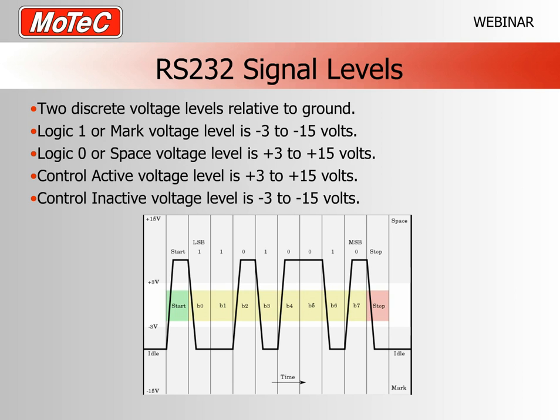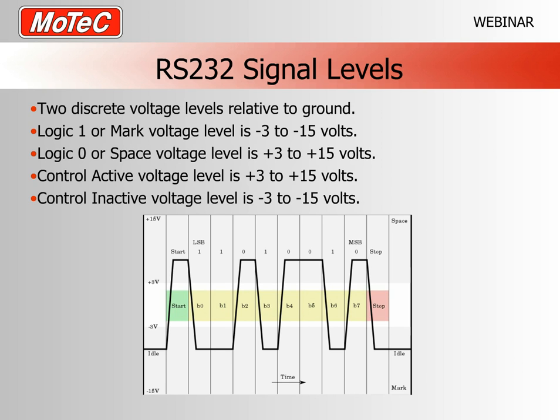Now, the way RS232 defines its signal levels is a little bit odd, but it's a standard that is designed to reduce the amount of noise. As each data channel only uses a single wire with reference to ground, there's a fairly large voltage swing on this data line, and in fact the logic 1 or the mark voltage level is actually a negative voltage. It's defined within the range of -3 to -15 volts. Where it is in that range doesn't matter.